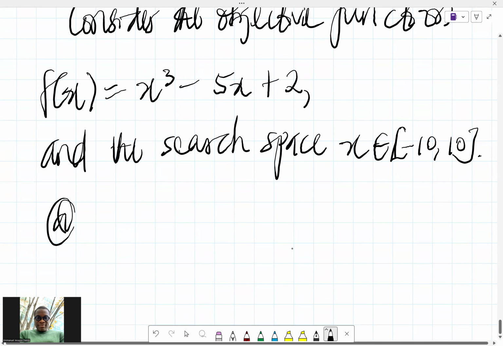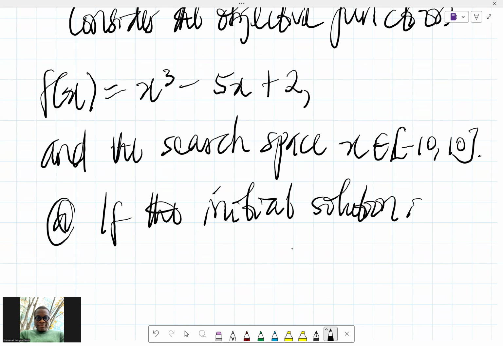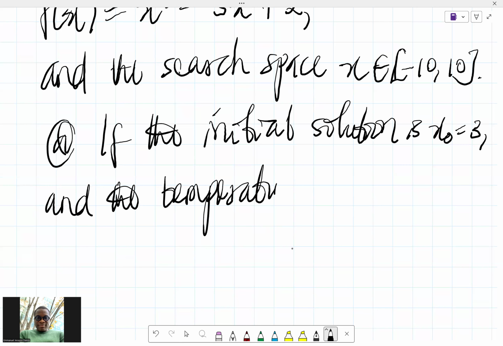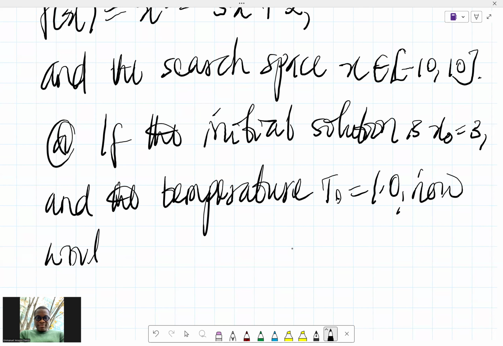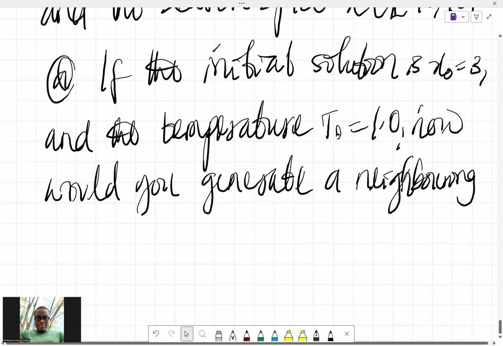So A, if the initial solution is x0 = 3 and the temperature T0 is equal to 1.0, how would you generate a neighboring solution?